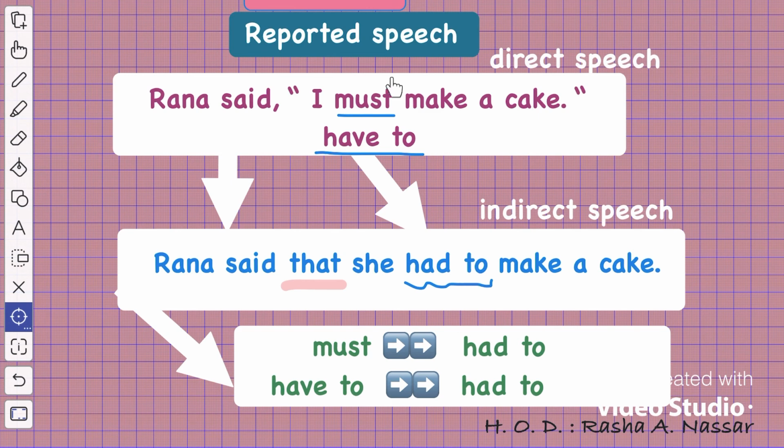So both must and have to are changed into had to, because had to is the past form of must and have to. So now I will change my sentence with must into indirect speech by using had to.